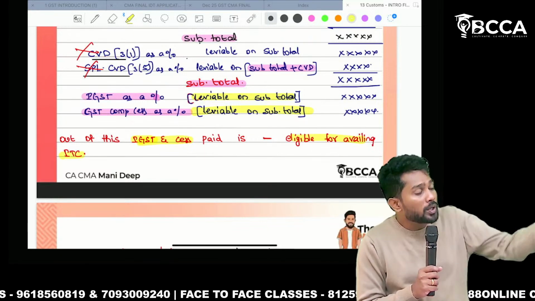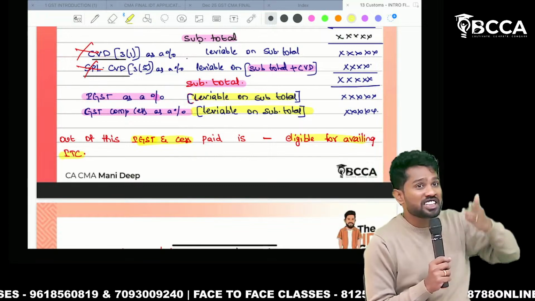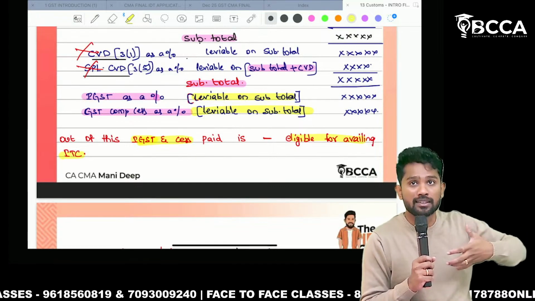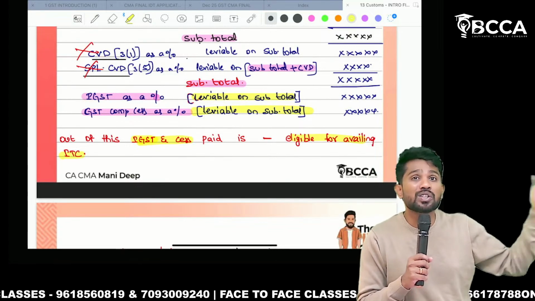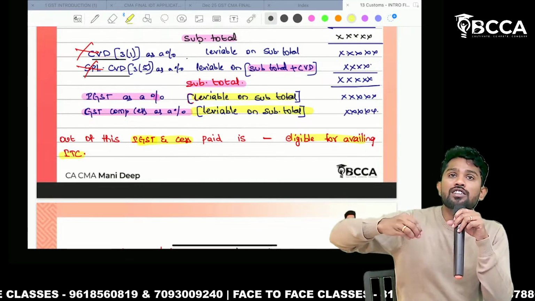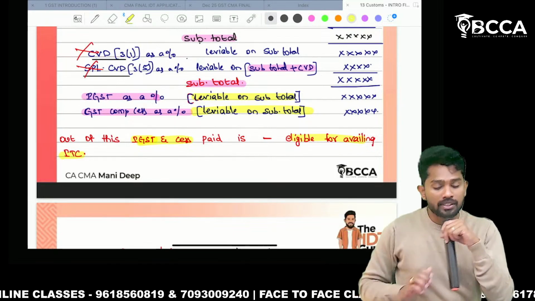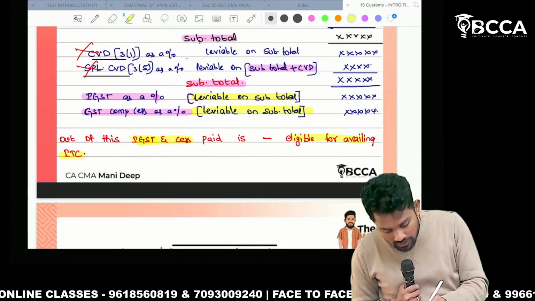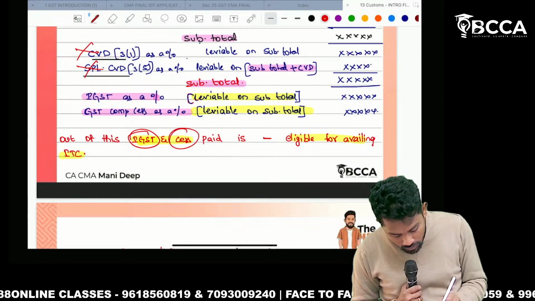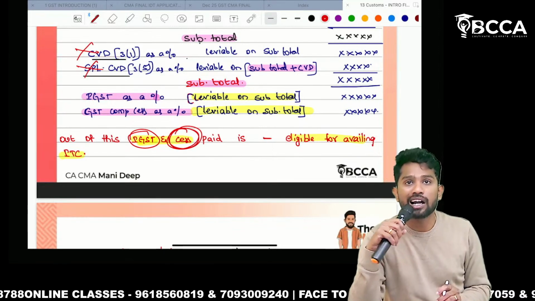Because when you are importing, you are purchasing. It is your inward supply. On your inward supply, the GST component you can avail as ITC. So even on import, to the extent of IGST and compensation cess, you can avail ITC.